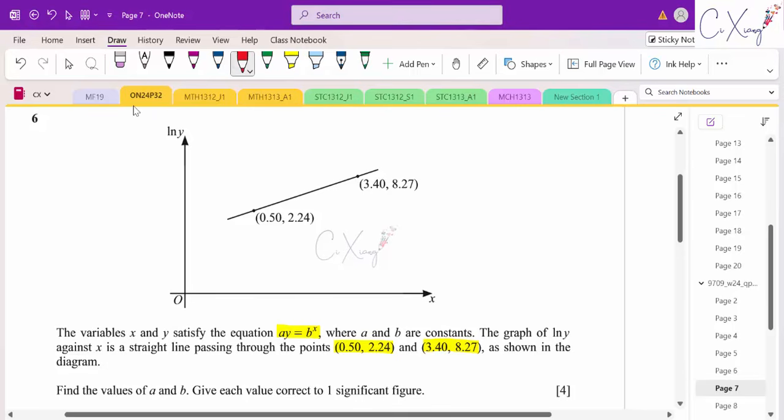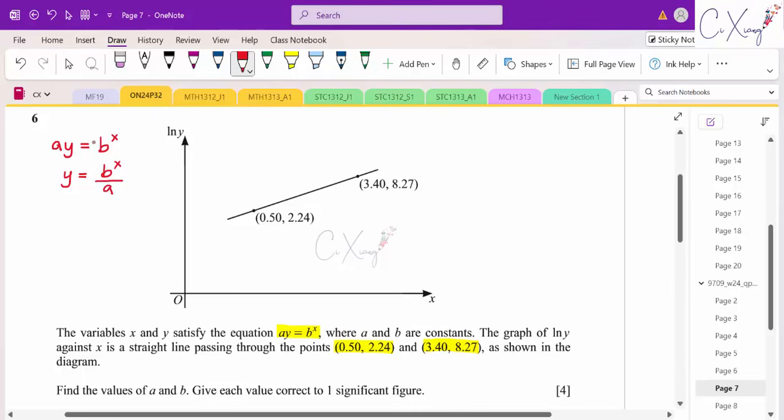So what we are going to do is try to convert it into a linear equation first, because from the diagram given, it is a straight line. So I have to convert it into a linear equation. How can I convert this curve into a linear equation? Basically we have to take ln on both sides. At first I write it this way, where y equals b power x over a.